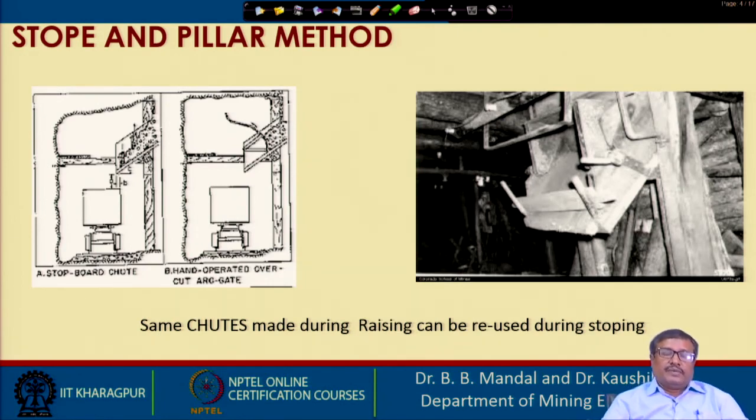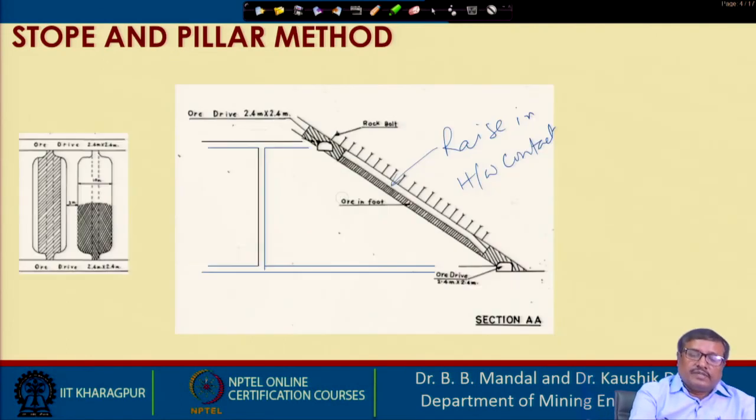You make the drives, make the raises, support them, then make wooden chutes, and after cleaning up all the raises and taking out all the materials, you put a temporary barricade. These are the basic requirements for stope and pillar preparation.